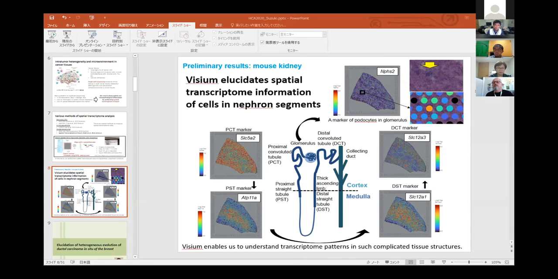So we have to develop bioinformatics computational means to do that. For that, we need more samples, a larger number of samples from a wider variety of tissues. Currently that project is ongoing, but I cannot answer that question right now.